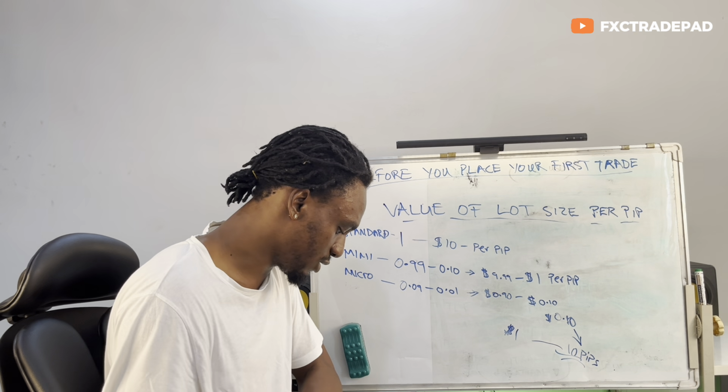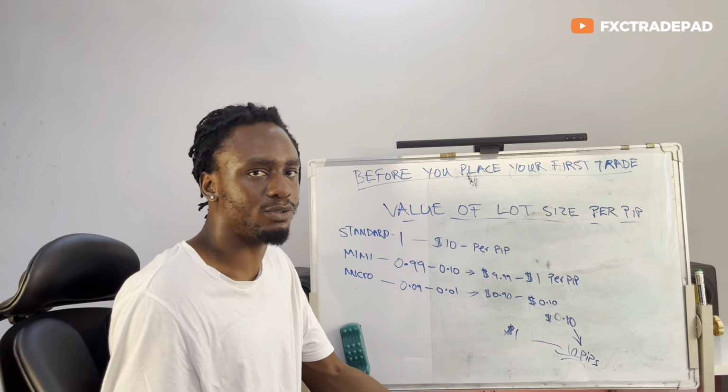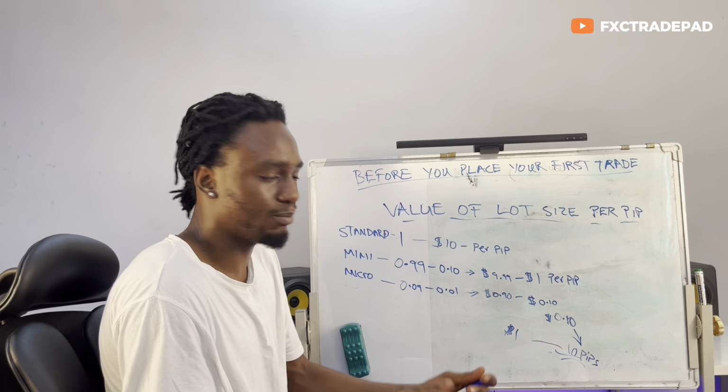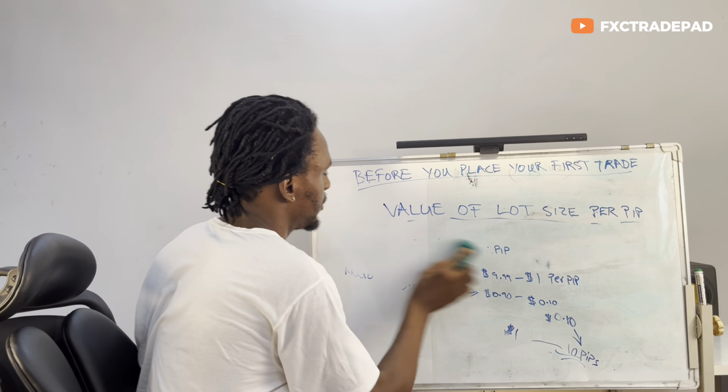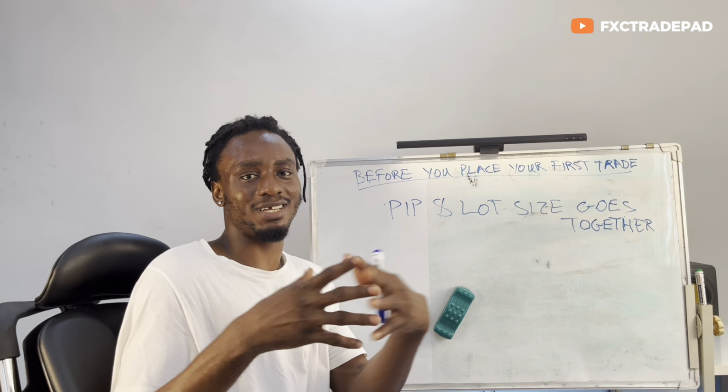Now the next thing we're going to dive into is how lot size and pips go together. We've already done one example here, so I'll clean the board and give you a quick example. Pips and lot size go together, always.